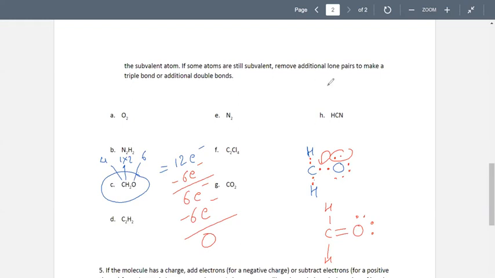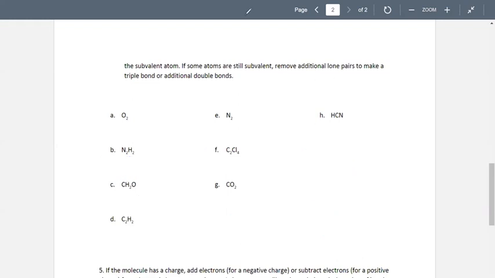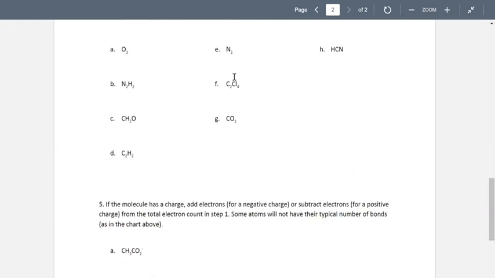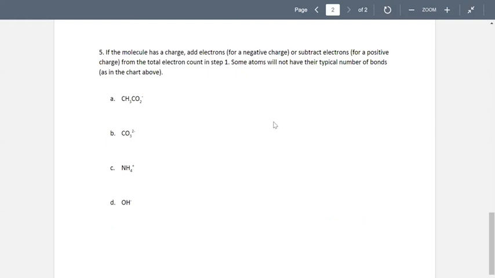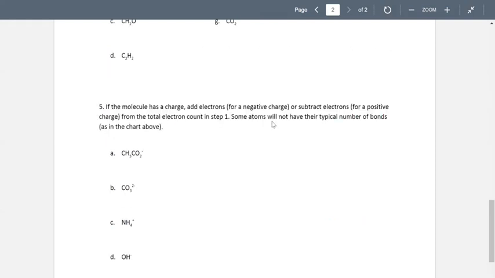Okay, so let's move on to the last one, which is this one. Let's do this one, the last one over here. So in this case, it has 1 negative charge here. So we have total of carbon 4, hydrogen 1 times 3, this carbon 4, and oxygen 6 times 2, which is equal to 4 plus 3 plus 4 plus 12.